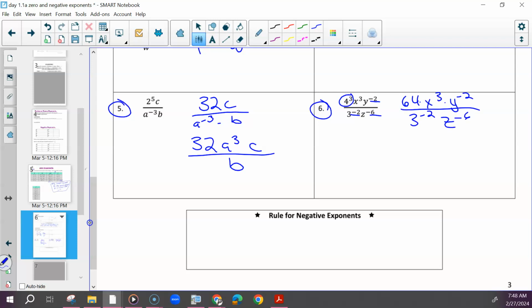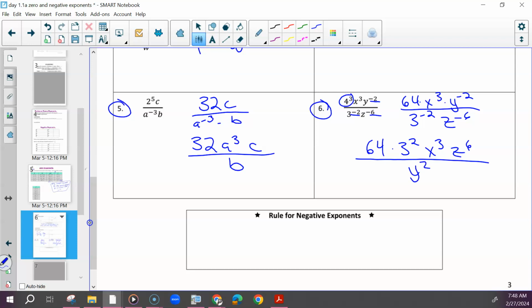Once you get the hang of this, you could start switching immediately. You could simplify immediately. It's really up to you. And then I'm going to switch y down here, 3 to the negative 2 up, and z to the negative 6 up. So I just swap all the negatives.